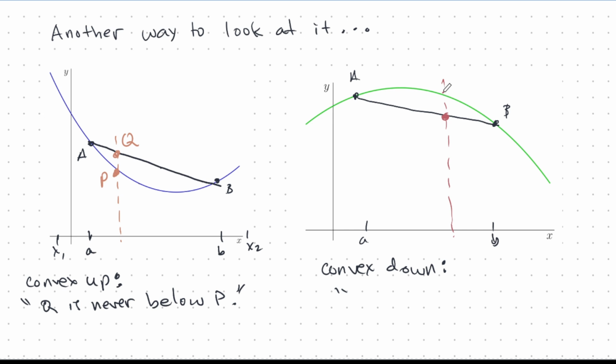I have P on the arc and Q on the chord. Convex down means Q is never above P. So this is a convex curve. It's always turning in one direction. It opens like a bowl downwards on the interval of convexity from x1 to x2.